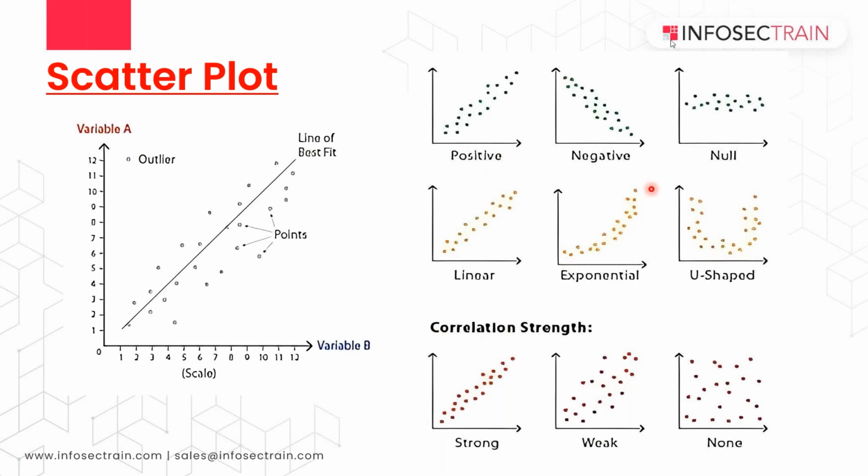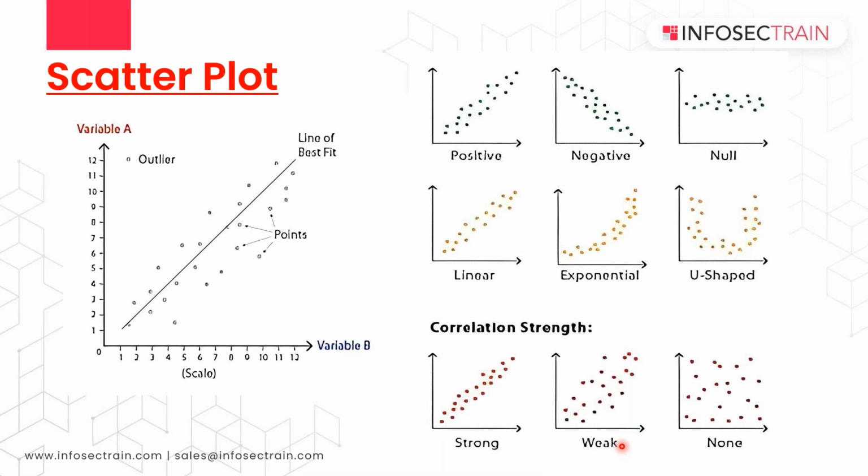Then what about the next? Here again the data points are going in an upward direction, but you can see that the data points are very much scattered. So we can say there is a positive correlation because the data is going upward, but there is some scatter present.